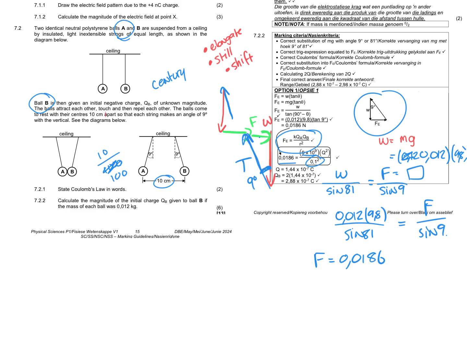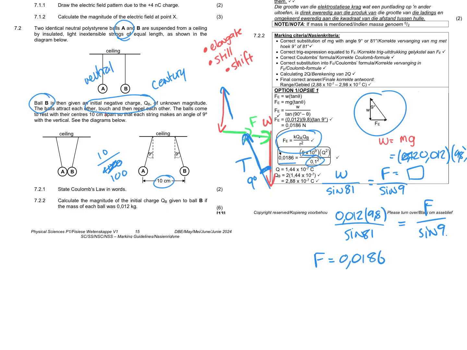So two identical neutral balls. In the beginning, A was neutral and B was also neutral, just hanging there. Then in the story, they gave B a negative charge, they attracted each other, and then after touching, they repelled.